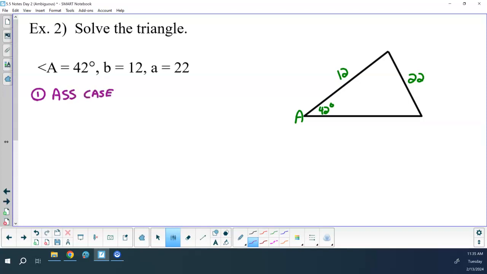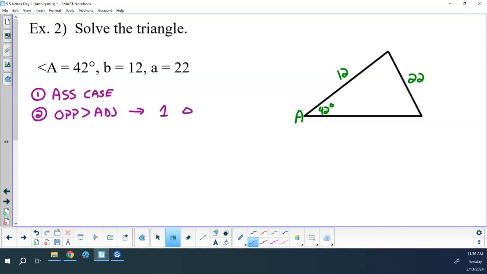That means ambiguity is still on the table. Am I in an opposite longer or an opposite shorter than my adjacent side case? Opposite is longer. How many triangles get formed? Opposite longer case, no matter what, one triangle gets formed. Okay?